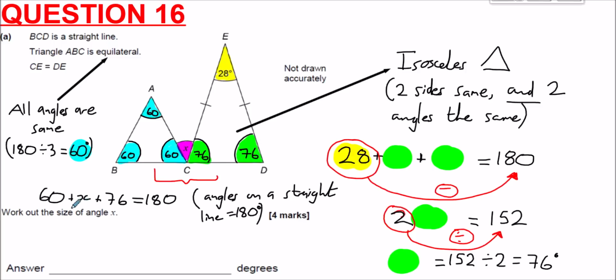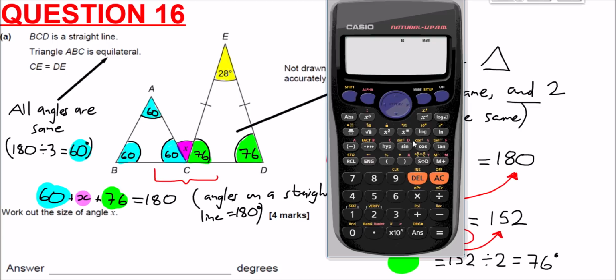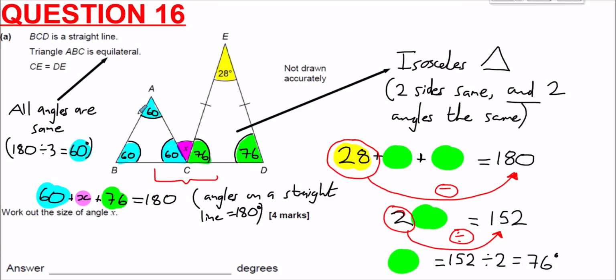So we can neaten this up a bit by just adding together 60 and 76. So if we do 60 plus 76, we should find that that's 136. And so 136 plus x equals 180 degrees.